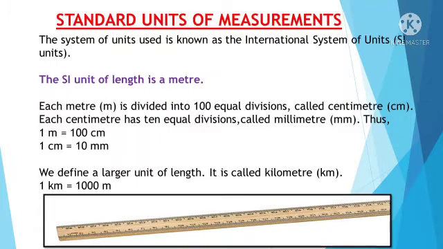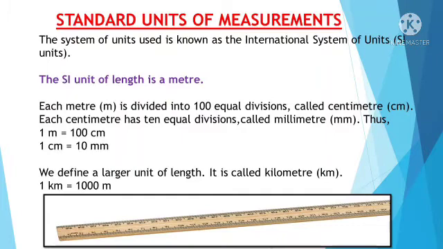But students, think: if those units don't have any fixed value, and therefore vary from person to person and place to place, then how will we tell the exact value of any measurement? That's why, students, standard units of measurement have been fixed.